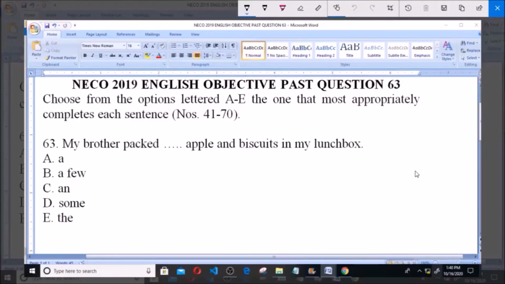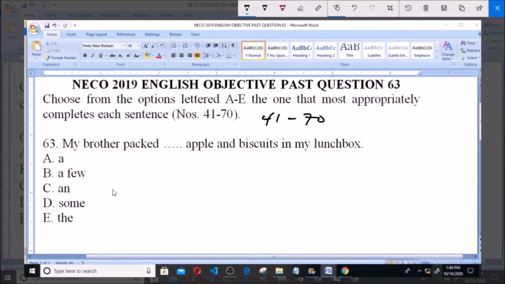Welcome, this is NECO year 2018 English objective past question number 63. The instruction to this question says choose from the options lettered A to E the one that most appropriately completes each sentence, to answer questions 41 to 70.